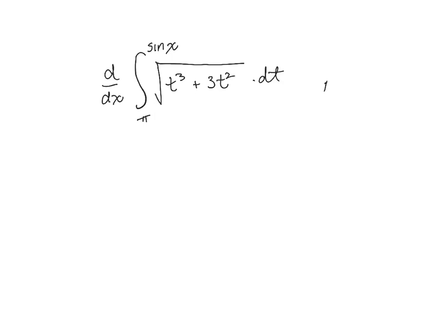And our fundamental theorem of calculus number 2 tells us that differentiating and integrating are inverse operations. Our function is sine x. We're going to place it wherever there's a t. And we need to remember to take the derivative of sine x, like the chain rule.